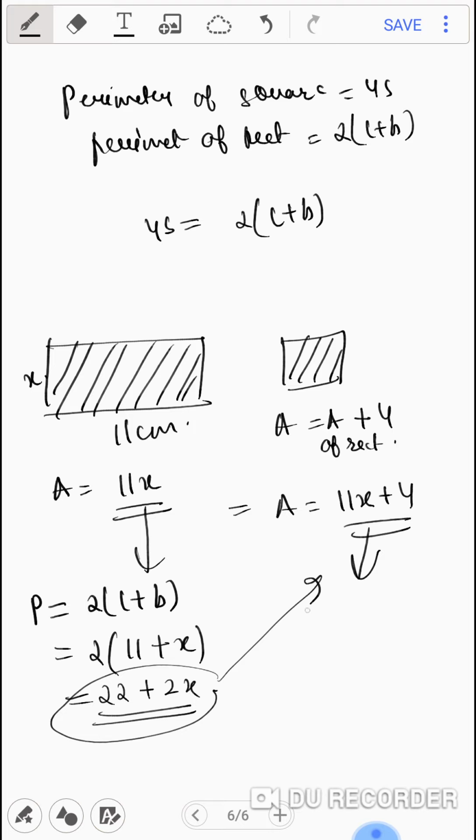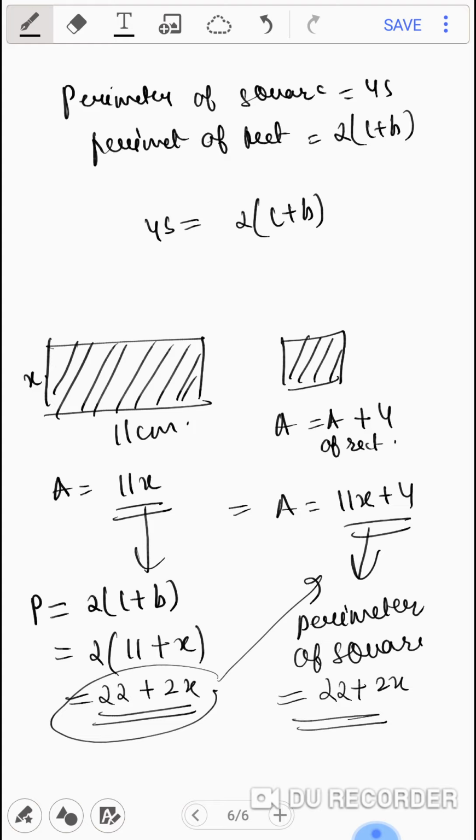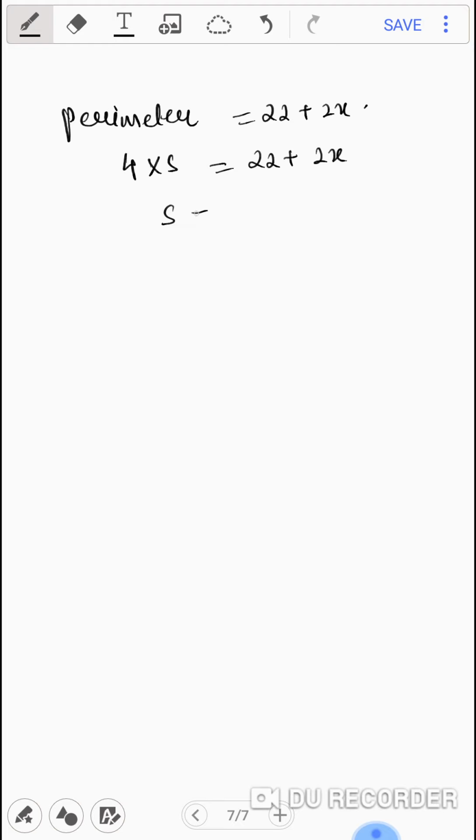So the perimeter of square is 22 plus 2x. That is 4 into side is equal to 22 plus 2x. So side I'll get 22 plus 2x upon 4.